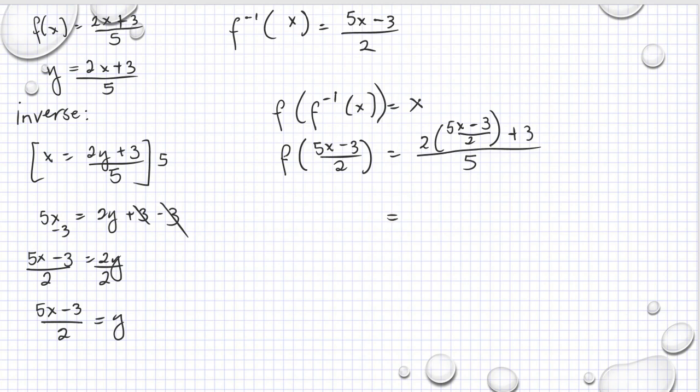Then if we simplify, we have 5x minus 3 plus 3 divided by 5. This is 0. Then we have 5x divided by 5 is x. Now we are quite sure that we found the right inverse function of this function.